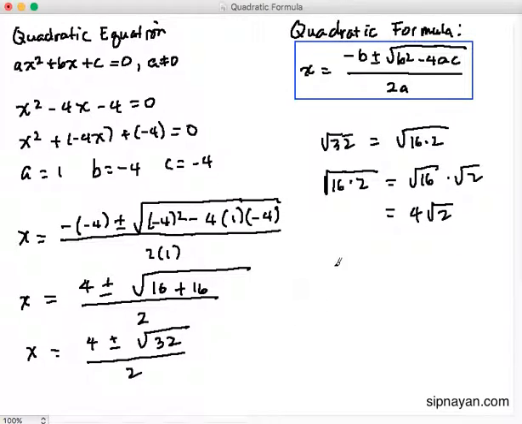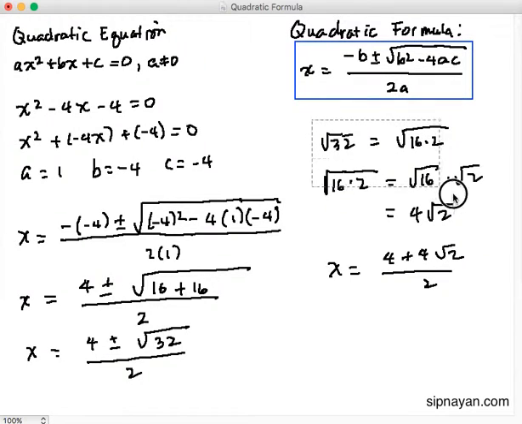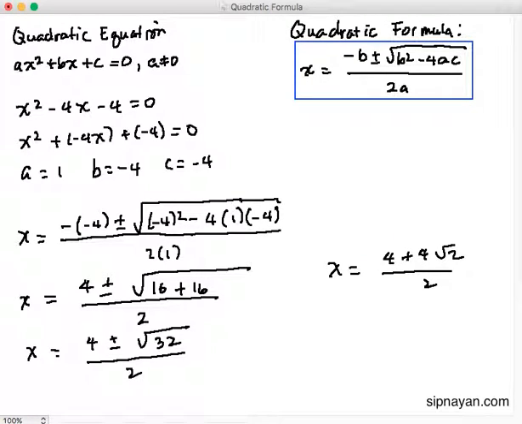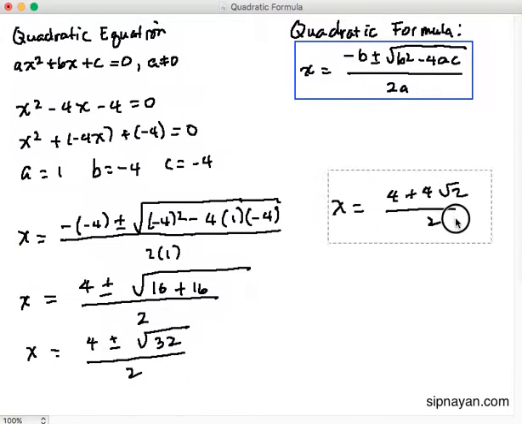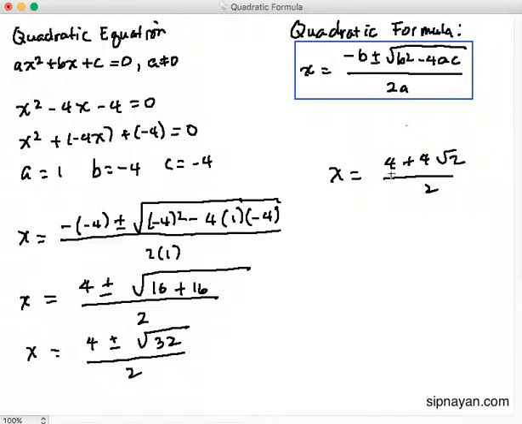So we have x equals 4 plus 4 square root of 2 over 2. Pwede pa ba tayo mag-simplify? Yes, I guess so. So, pwede nating i-factor out yung 2. Yung 4 at saka 4, divisible sa 2, di ba?